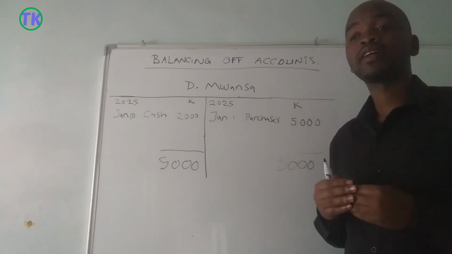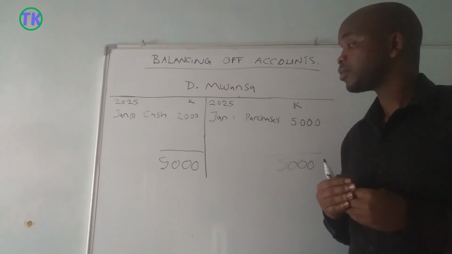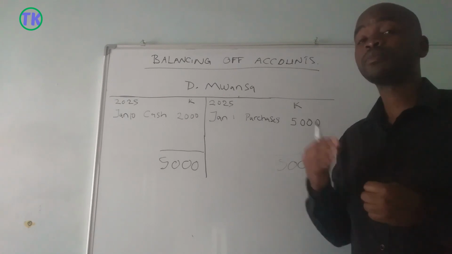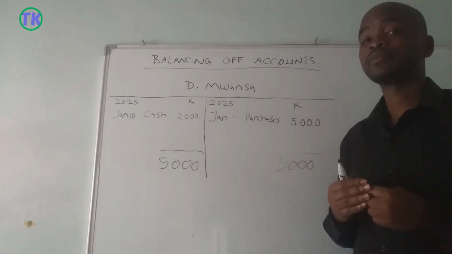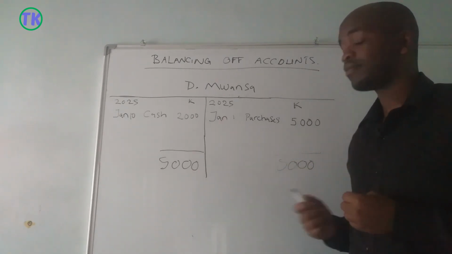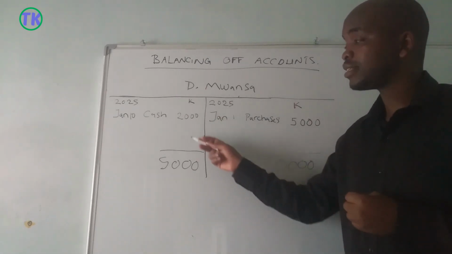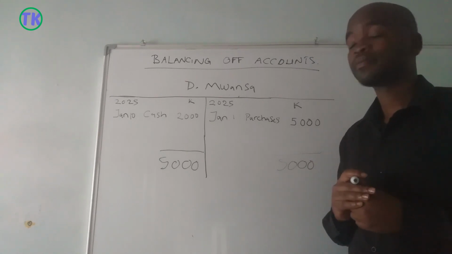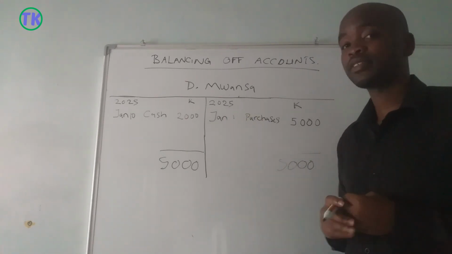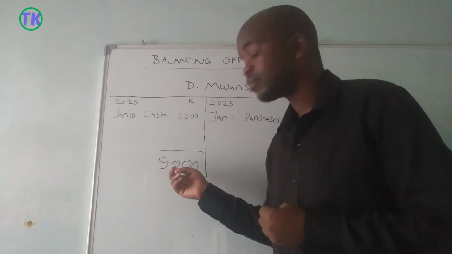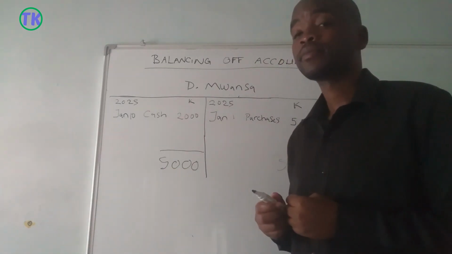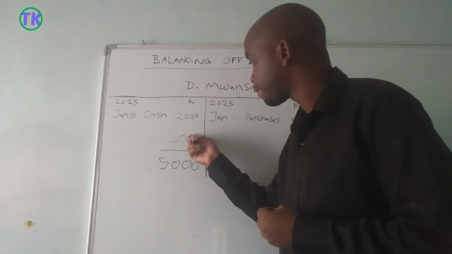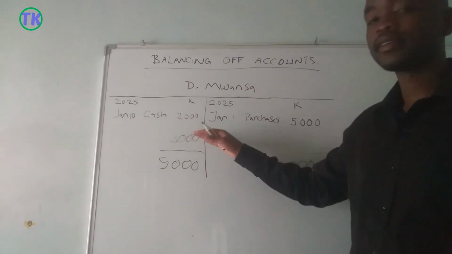Now to balance off this account, we subtract the side with the lowest total from the side with the highest total. Here we have 5,000, and the other side had a lower total, which was 2,000. So that's what we subtract from 5,000. After subtracting, we get 3,000, and this is our balance.